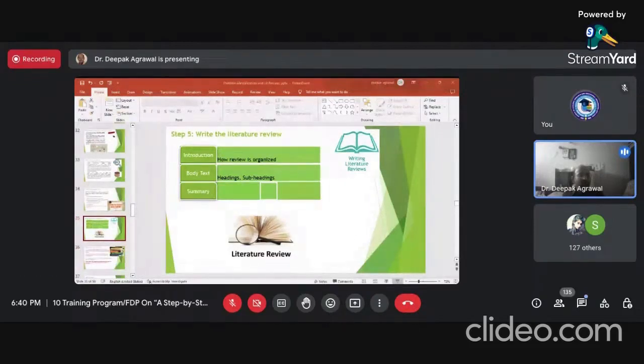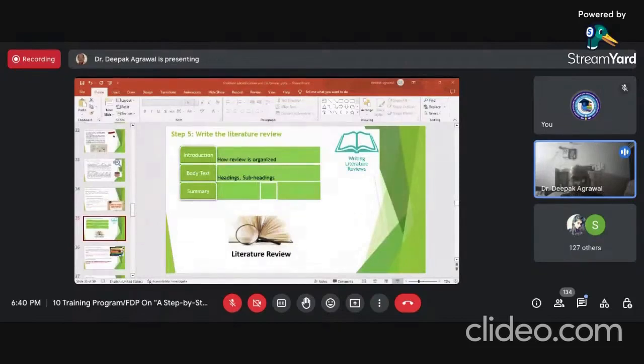And finally, it must end with a summary so that the gist of the whole work is available to the reader. It is possible that many readers may not be interested in reading the whole work. You have quoted 70 references, and readers may not be interested in going through all those 70 references.